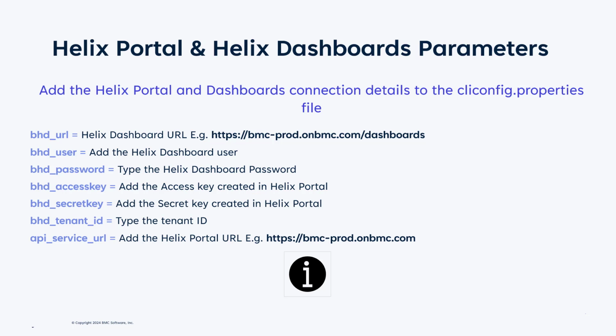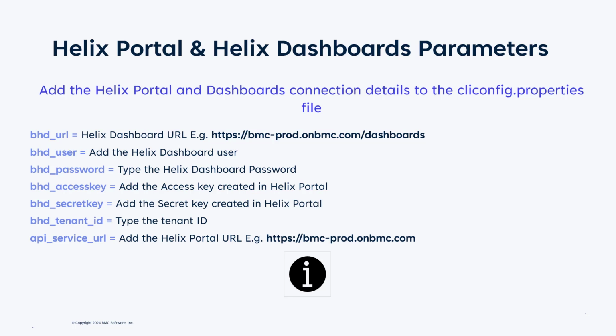For the BHD URL parameter, add the Helix dashboards URL. For the BHD user parameter, add the selected user for Helix Portal as mentioned on the previous slide. For the BHD password parameter, add the password for the user added in the previous parameter.